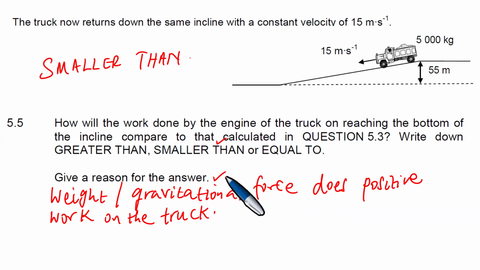It is moving downwards, and the work is positive work, because it is assisting the truck to go down here. Okay, so that's something that is extremely, extremely important to take note of. Okay, let's continue to solve more problems.